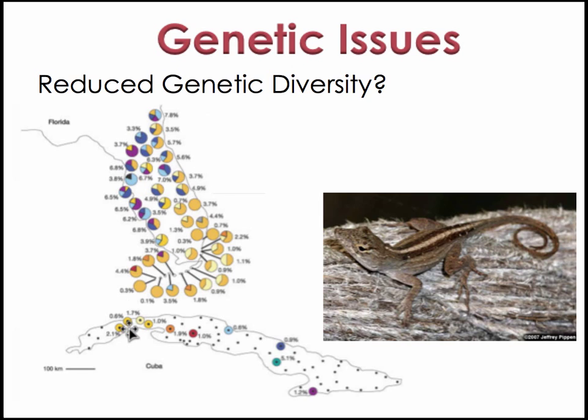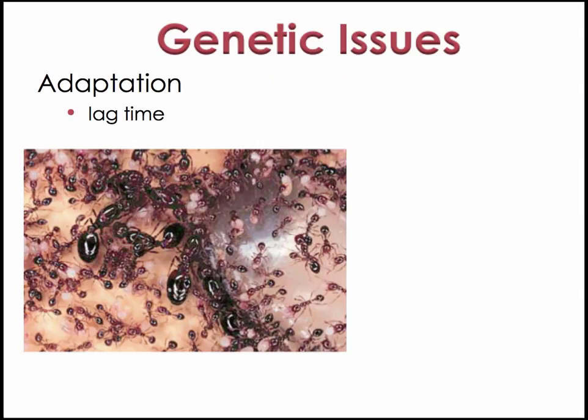And when you look back to the source populations in Cuba, they are generally made up of one color. So it turns out that the introduced populations have higher genetic diversity than the native populations. And again, this is because there were multiple introductions over time, and so that increased the genetic diversity.